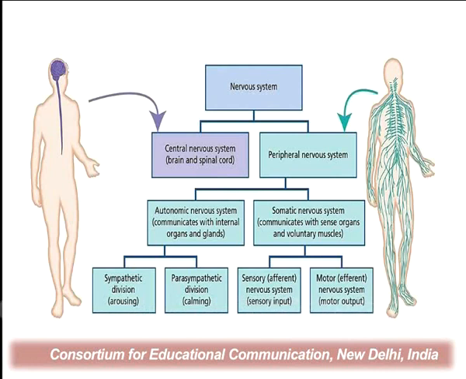The autonomic nervous system is divided into parasympathetic and sympathetic, and the somatic nervous system is divided into sensory and motor. In this lecture we are going to study this chart only.